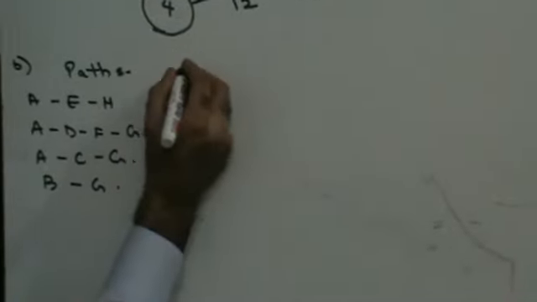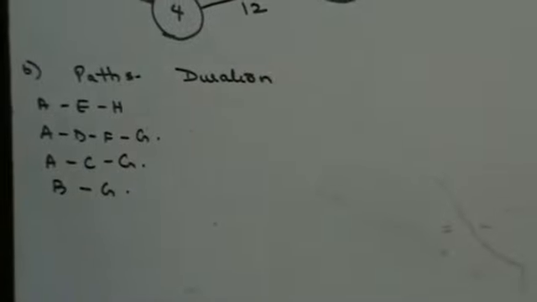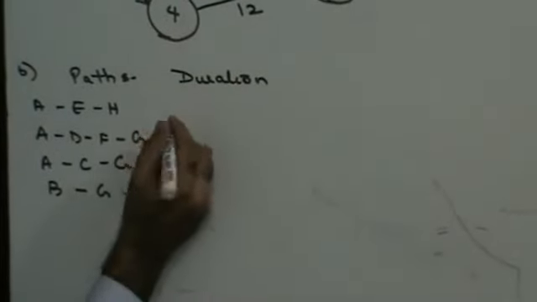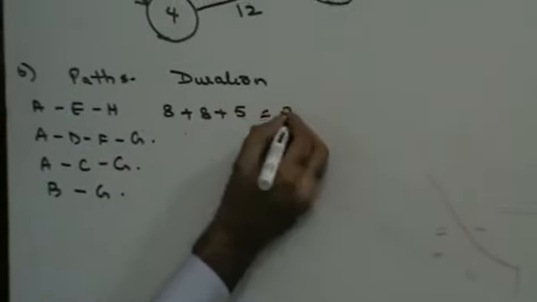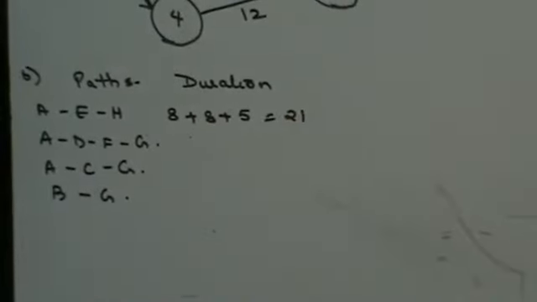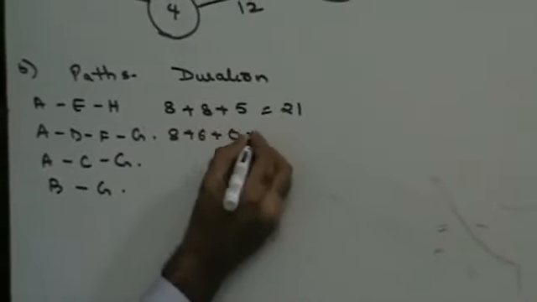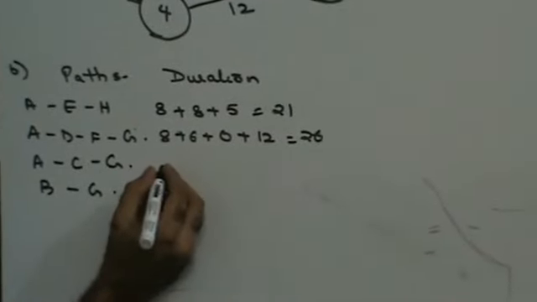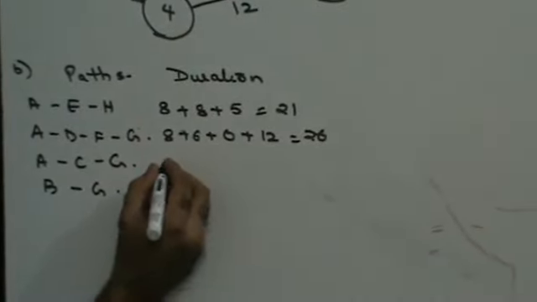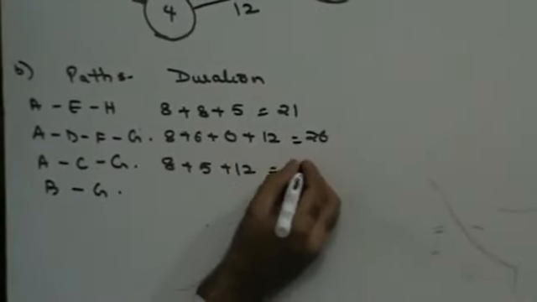Time. If I use AEH, that is 8 plus 8 plus 5, 21 days. Then if I use ADFG, 8 plus 6 plus 0 plus 12, 26. If I use ACG, 8 plus 5 plus 12, 25.